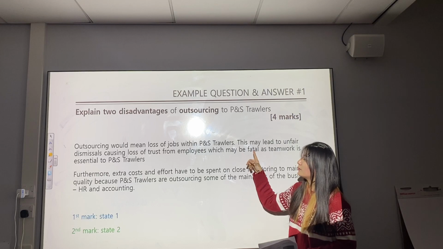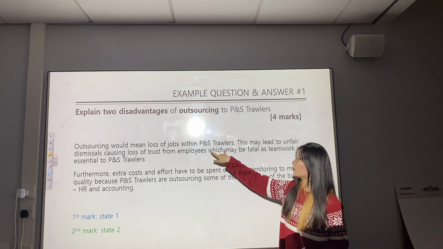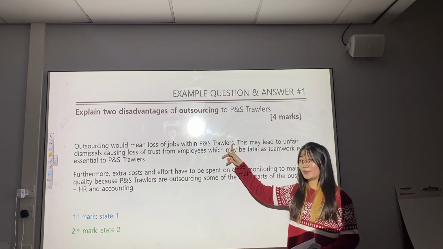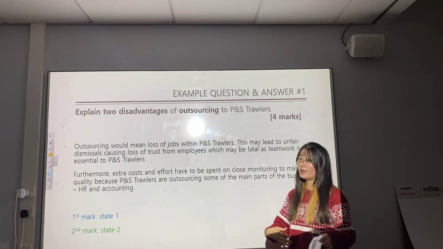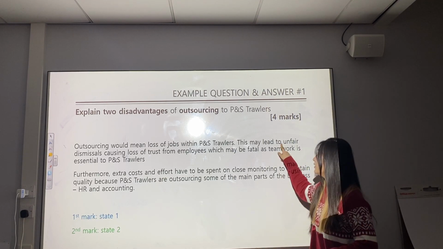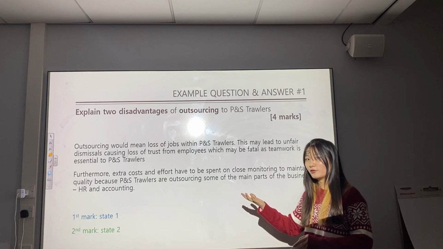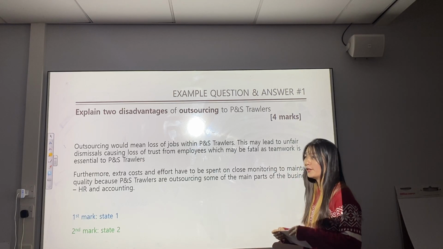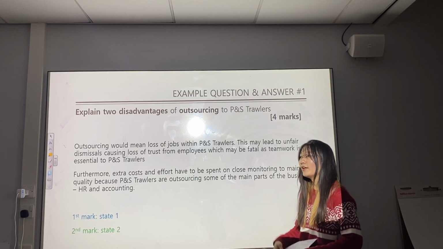And then, in that first paragraph, outsourcing would mean loss of jobs within the P&S Trawlers would be your statement. Outsourcing usually leads to less jobs within the business, more jobs created outside the business. And then this is an application. It's more detrimental, it's more fatal to P&S because we are a small business, a family-like business.